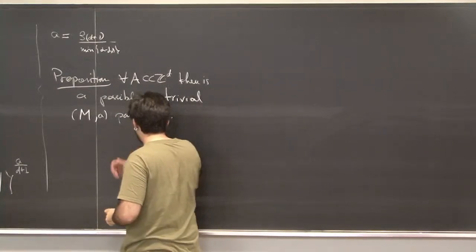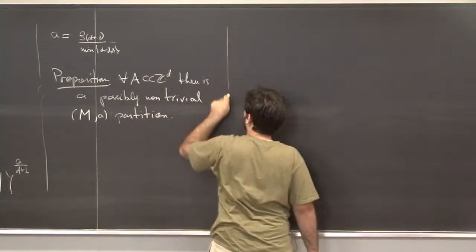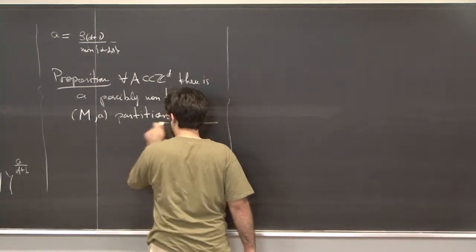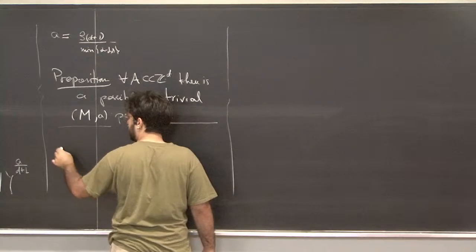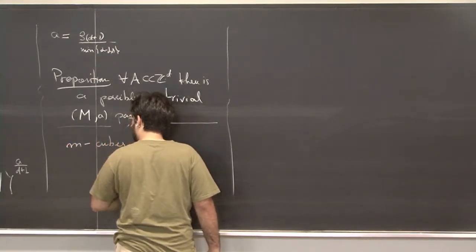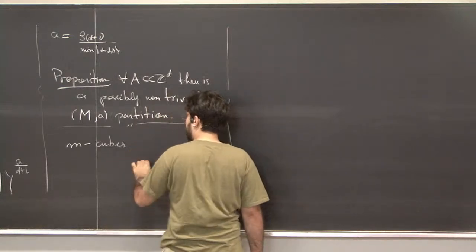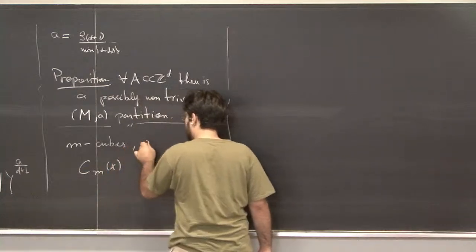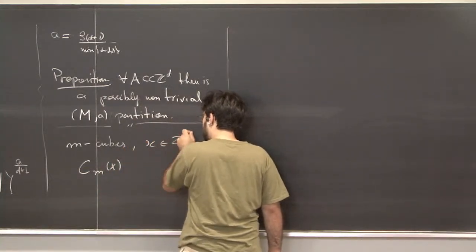So what we did during the proof was that we introduced something that we called m cubes. And these m cubes are defined by C_m(x), where x is some point in Z^D.